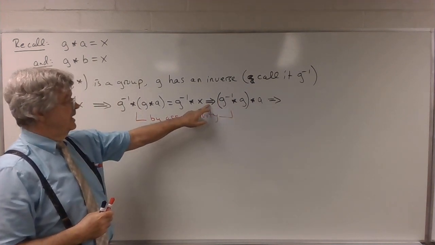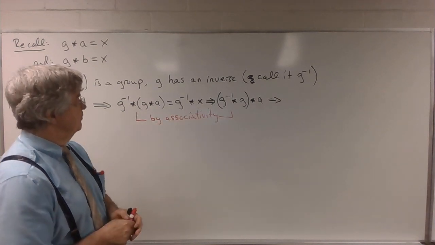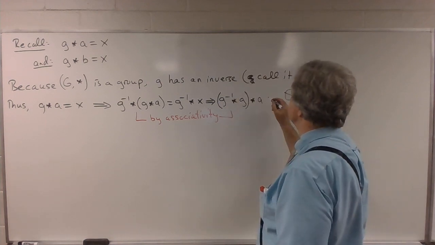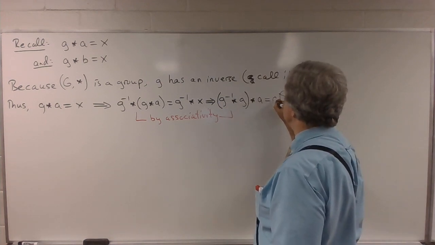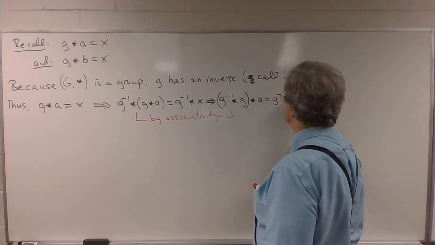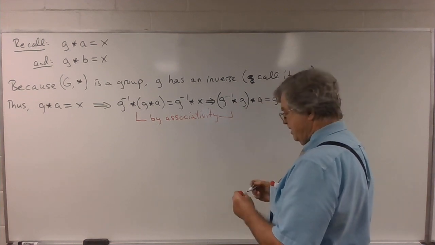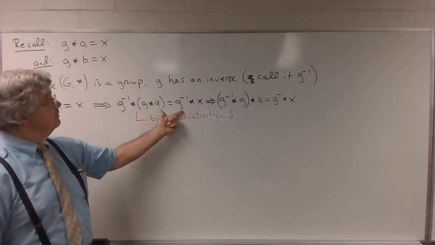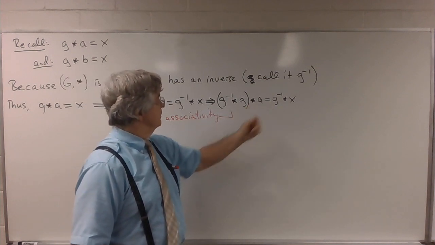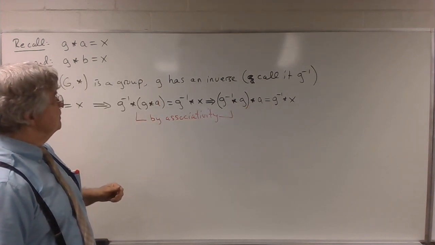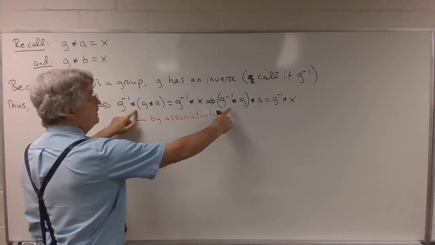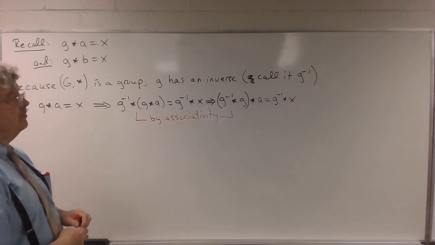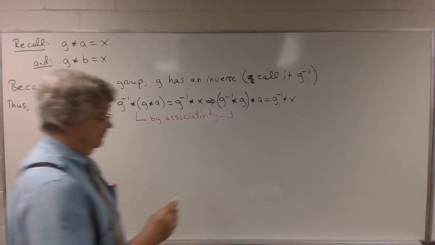This should be implies. Okay, I like that a lot better. This equation implies this equation. All we did was we changed the elements that we associated together first. And by associativity, we can do this.